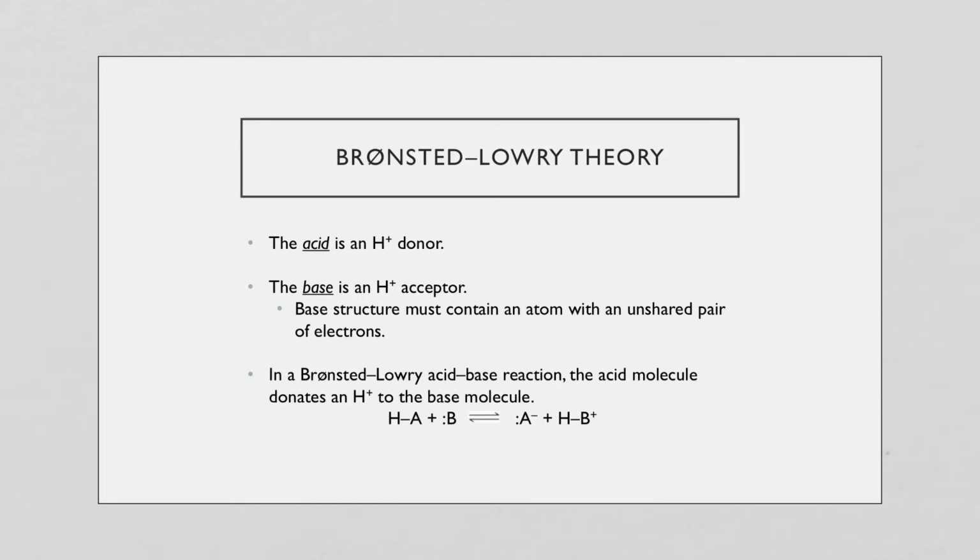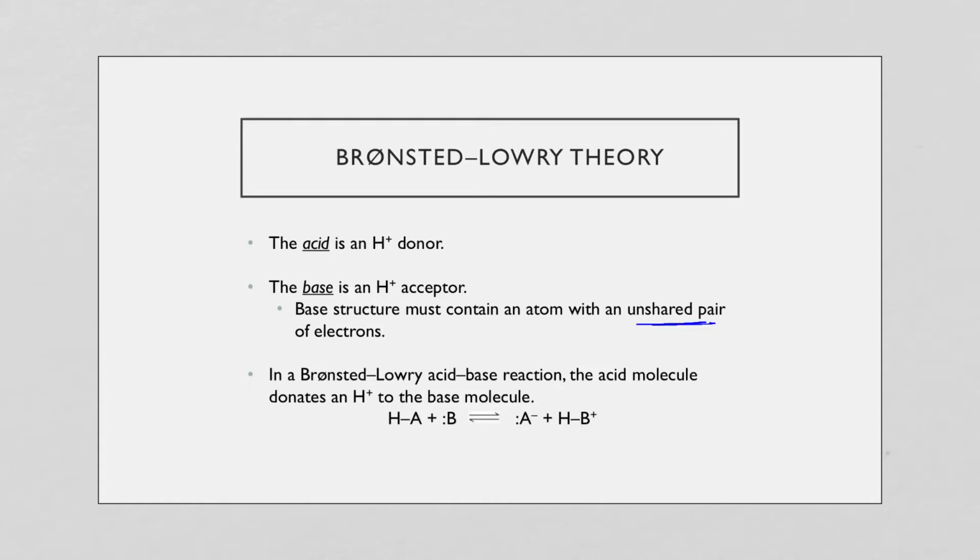So again, to summarize the definitions, right? The acid is the donor, the base is the acceptor. Now, of course the acid must contain a hydrogen, right? It can't donate an H plus unless it has a hydrogen on an atom. Now the base, if we think back to Lewis structures, must have an unshared pair of electrons somewhere, right?